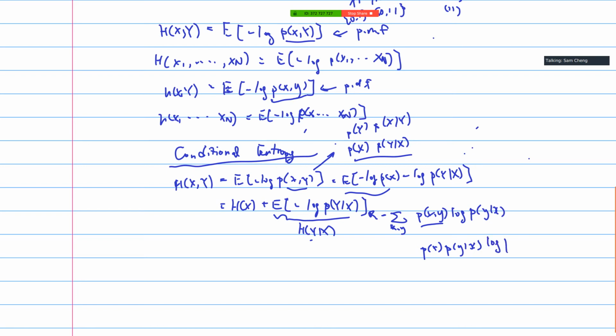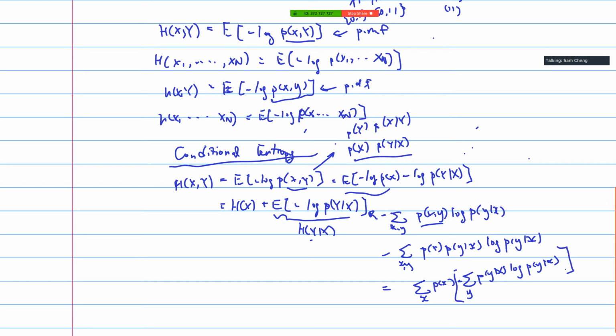Log p(y given x), sum over x, y, minus. So this is something like minus sum over x p(x), sum over y p(y given x) log p(y given x). Actually, probably better to put this minus sign inside here.